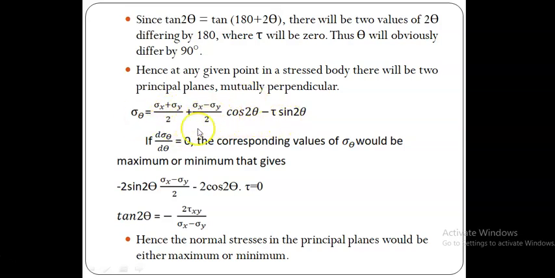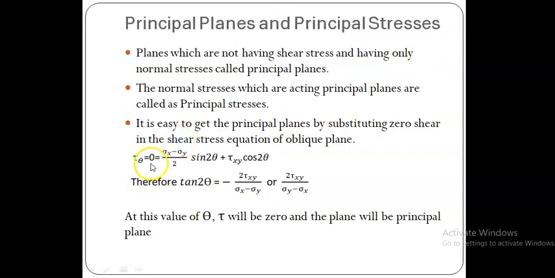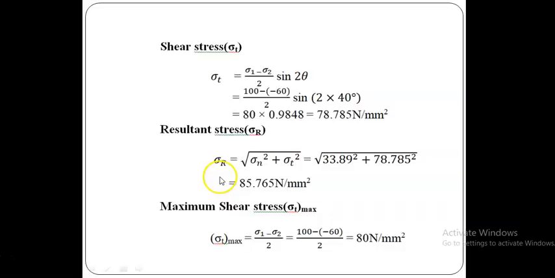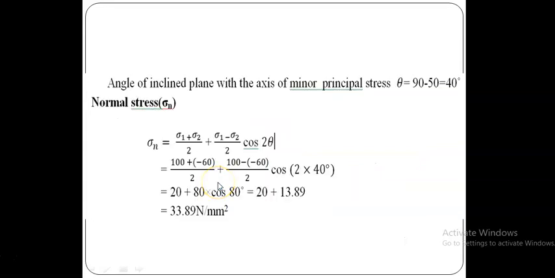That's all, we can stop there. Like that, the corresponding shear stress can also be determined using this equation. Putting the tau parameter as 0, it becomes sigma 1 minus sigma 2 by 2 into sin 2 theta. So those two formulas are used to find the shear stress and normal stress.